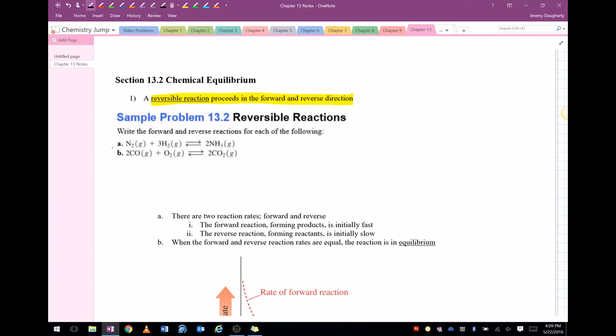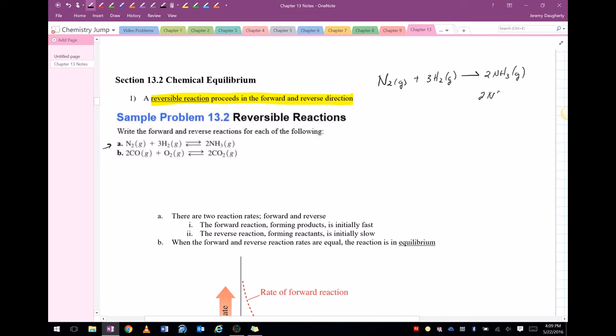So let's take a look at this A right here, and I'm just going to write it a couple different ways. The first way I'm going to write it is that the nitrogen gas plus 3 hydrogen gas goes to form, notice that it's a one-way arrow, 2 ammonia gases. Okay, so we have that reaction. But we also have this reaction.